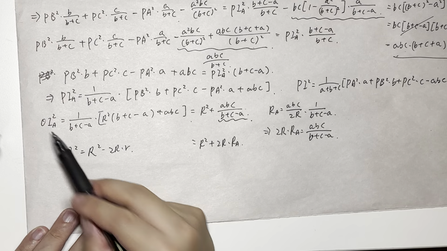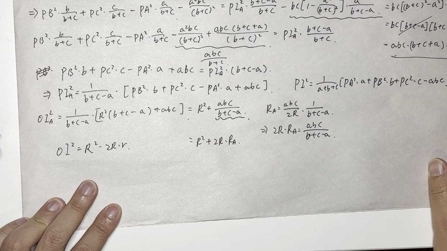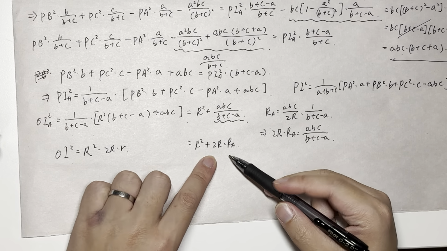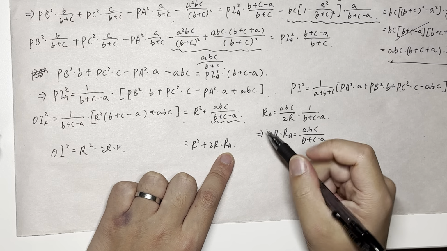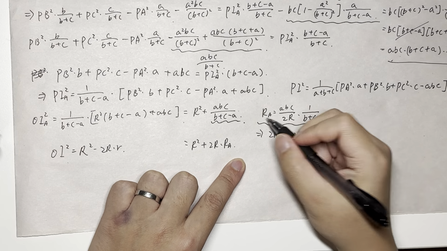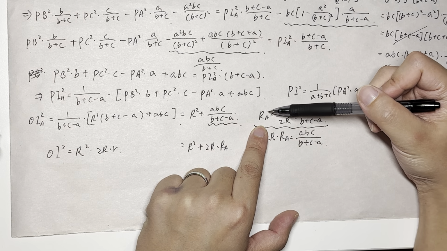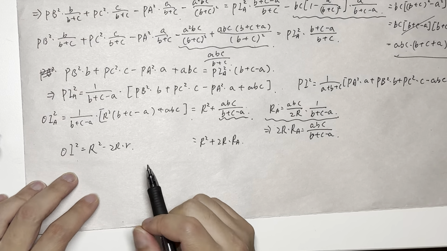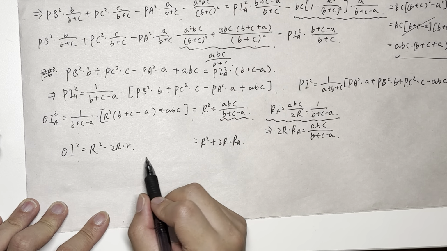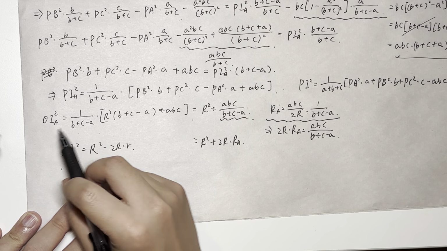Okay, that's for the OIA. And for here, we actually calculated the radius of the side tangent circle, right? Okay, this is very useful. We put it aside. We got the OI squared, and we got OIA squared.